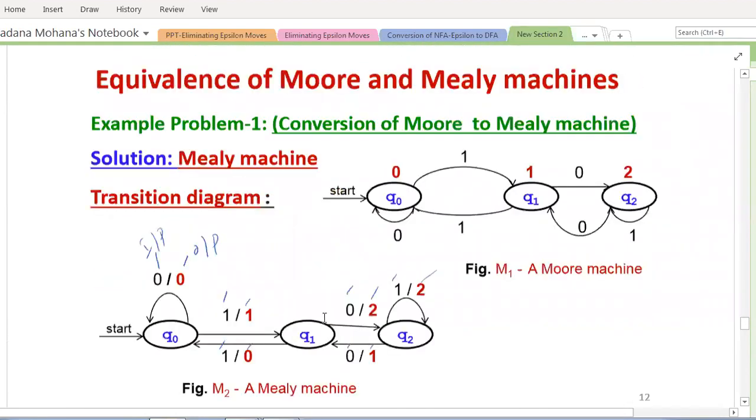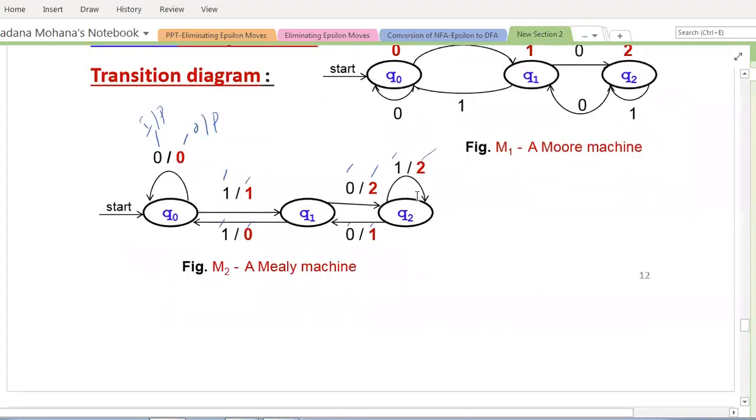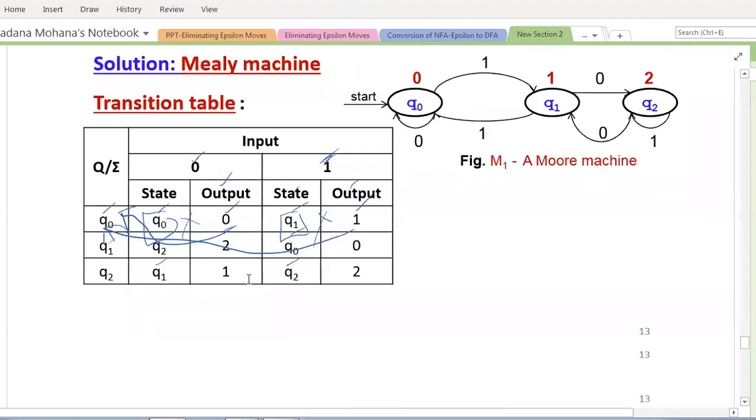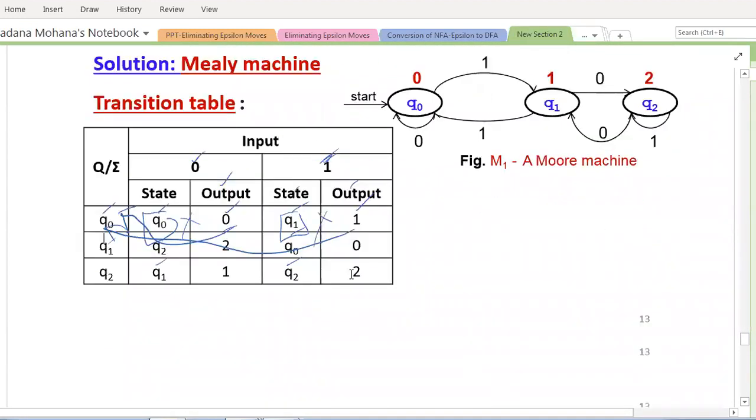Similarly, Q2 on input 0, output is 1. Then Q2 on input 1, output is 2. So those outputs are added. By seeing the above lambda dash function or the Mealy machine transition diagram, you can write the row heading states' outputs on respective inputs. Don't write the next state outputs beside whatever the states. So that is the equivalent transition table of the Mealy machine.